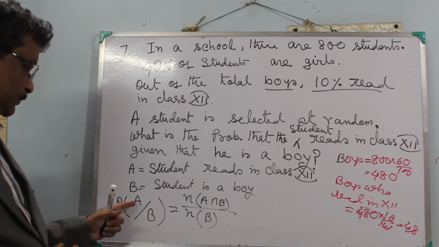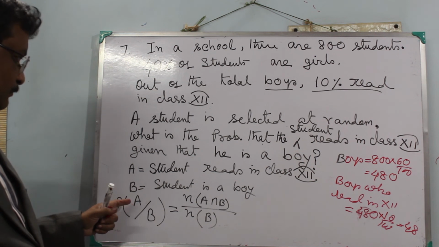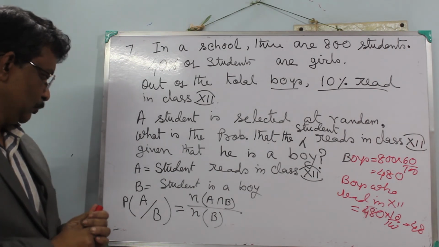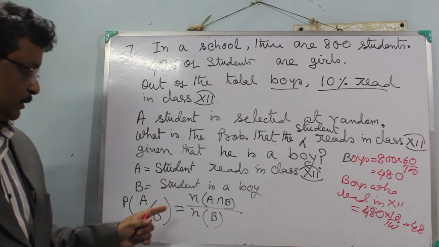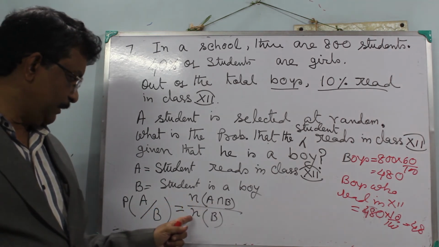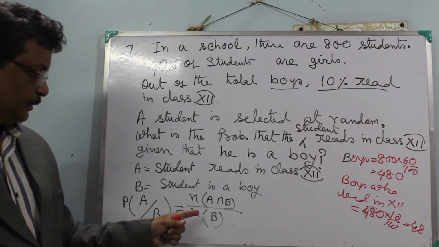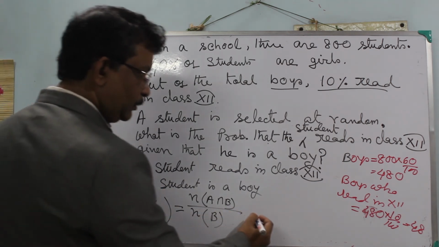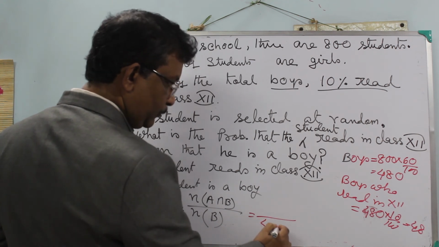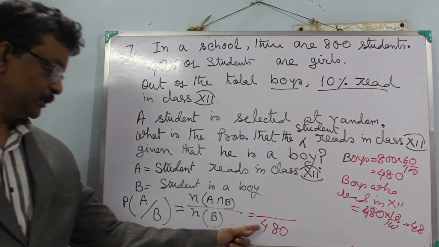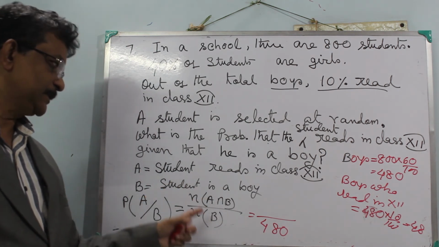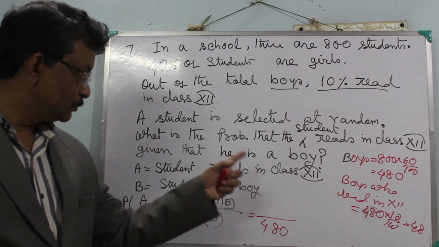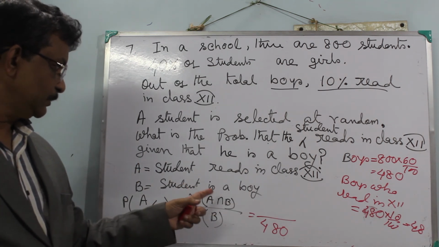So what is the probability that the student reads in class 12, given that he is a boy? That means N of A intersection B by N of B. B means the student is a boy. We know the number of boys, so the denominator will be 480. What is the intersection of A and B? A means the student reads in class 12, and B means the student is a boy.